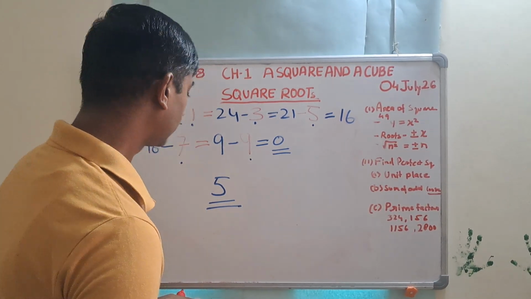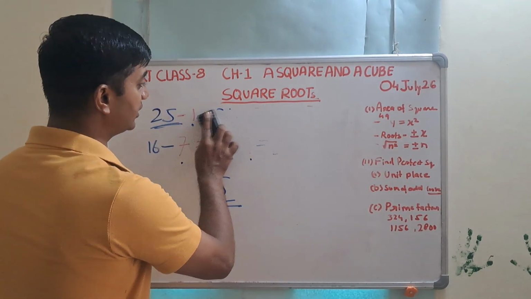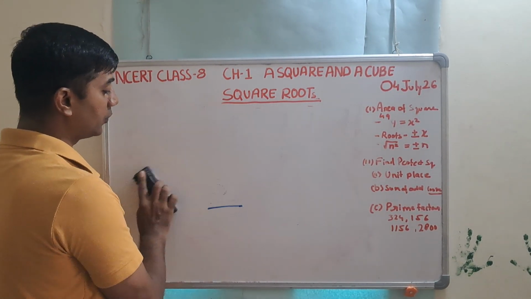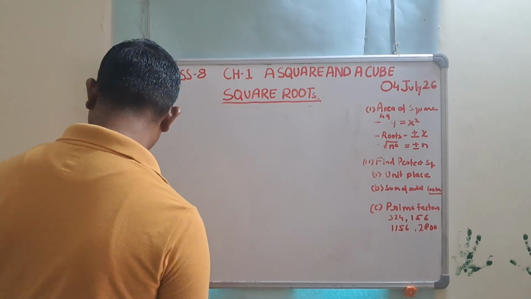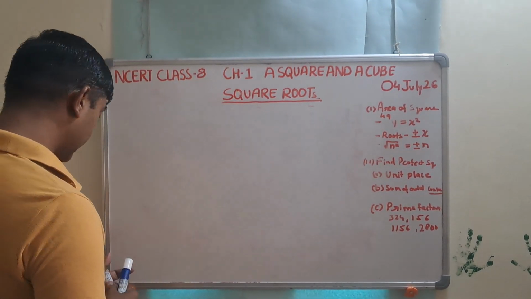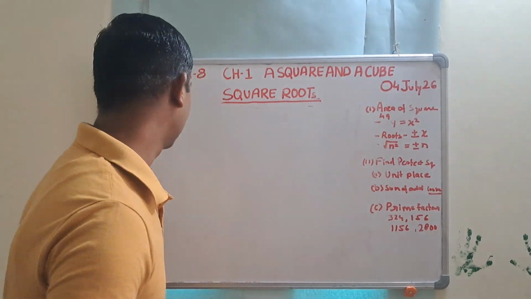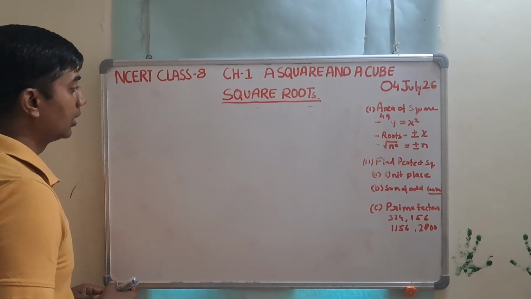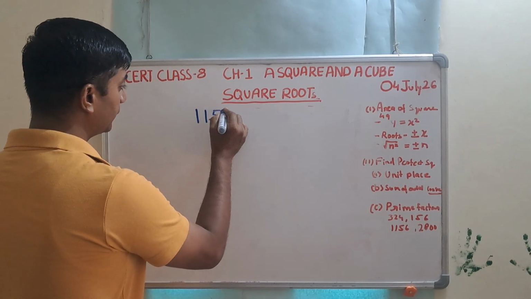Understood? Now you cannot apply these methods to find the square root if the number is very large. Say if the number is 1156.